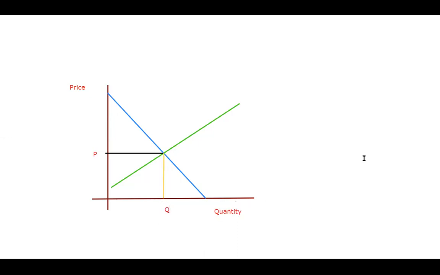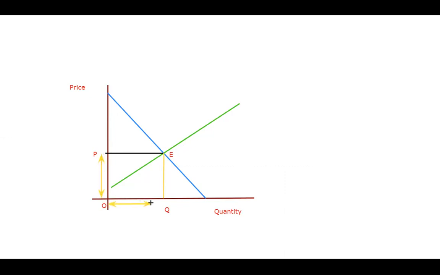What is your revenue? Revenue is this rectangle here. Let's say this is 0, and here is the equilibrium point E. P is this much, and Q is this much.